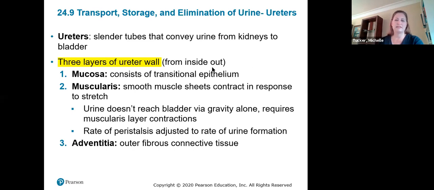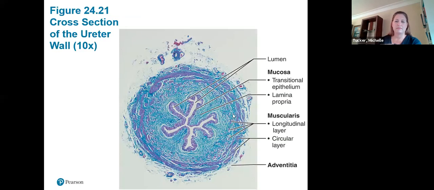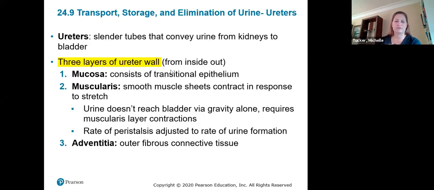The first layer is made up of a transitional epithelium, so it can change shape depending on fluid presence. Then a muscular layer, and in the ureters you have longitudinal and then circular, and then the adventitia connective tissue. The arrangement in the bladder is slightly different, but still 3 layers: transitional epithelium, smooth muscle, and adventitia.